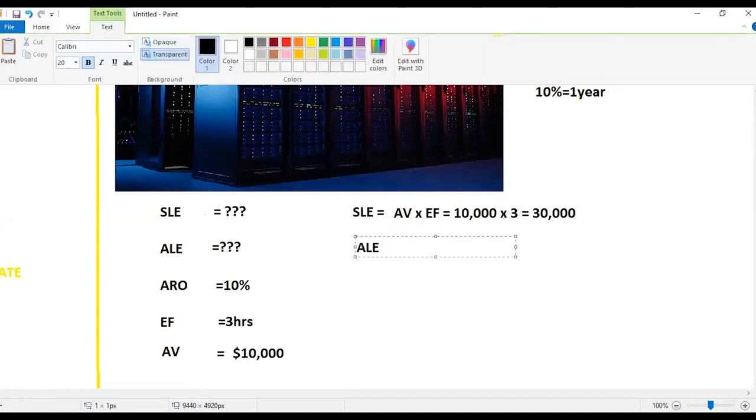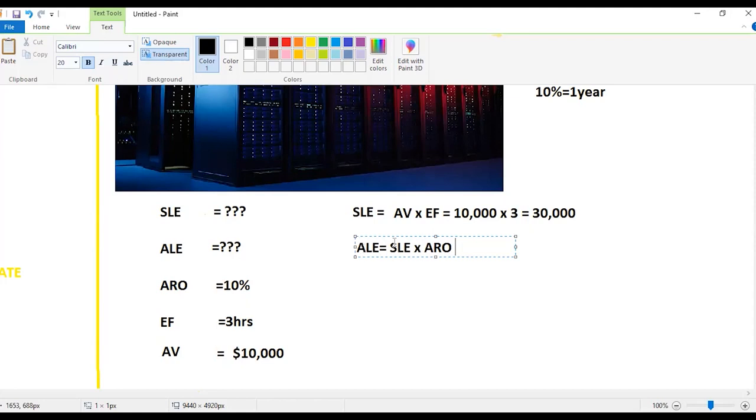And to calculate ALE, annual loss expectancy, what will be the equation? Single loss expectancy times, anyone? ARO, of course, ARO, because here we are calculating the annual loss expectancy.